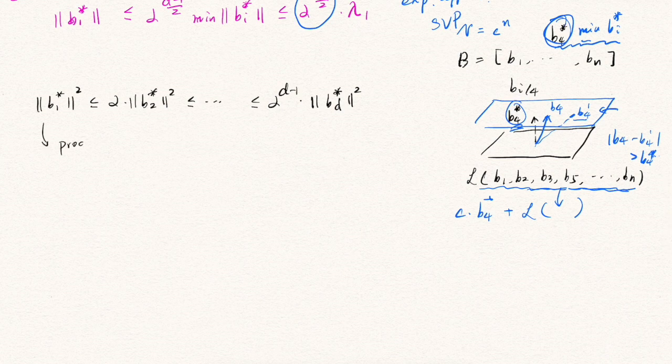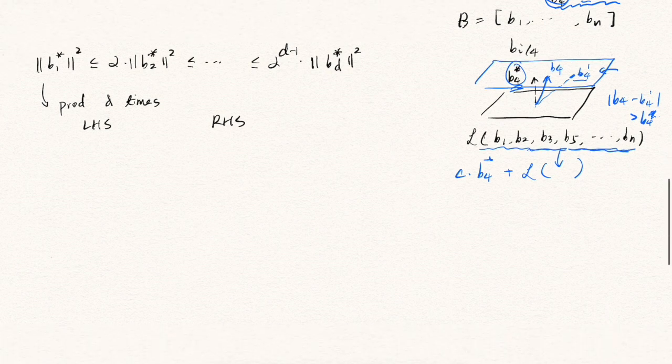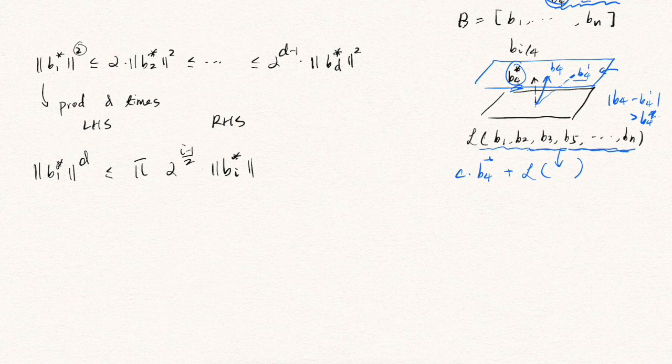If we take the product of this d times, basically the product of all the left-hand sides and also the right-hand sides, what we ultimately get is that b1 star to the power of d will be smaller than the product of alpha to the power of (i minus 1) divided by 2, because again we're taking the roots out, times bi star. This is the product of the left-hand side, and this is the product of the right-hand side.